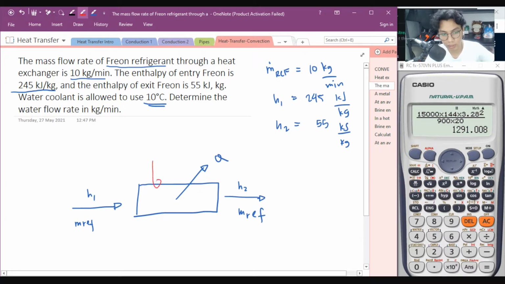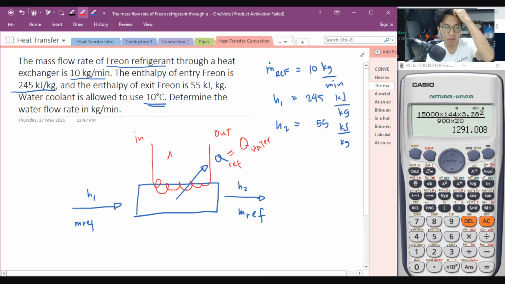This is the cooling water. Okay? Meron kang in, out. Siyempre, yung heat na ito will be equal dun sa heat na i-absorb ng water. Ibig sabihin, the heat that is given off by your refrigerant is equal to the heat that is absorbed by water.